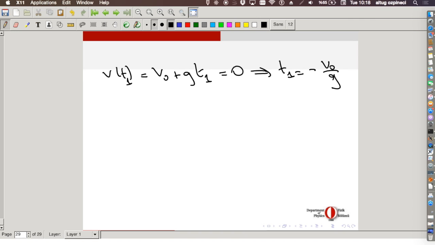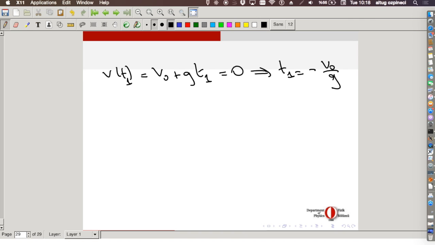The time is always positive? Well, not necessarily. Let's come to that point later on. You see, we fixed the time t equal to 0 as the moment that I throw this up. But there are previous times also. Time can be negative. We will do an example on that.